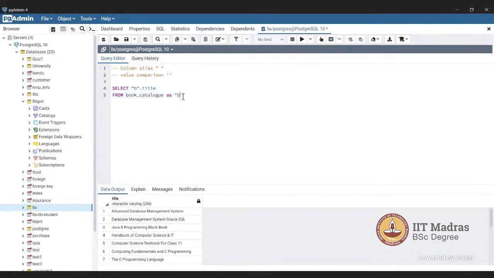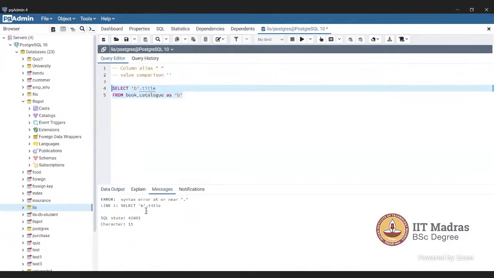If I replace this with the single quote, you can see it will throw a syntax error, right?